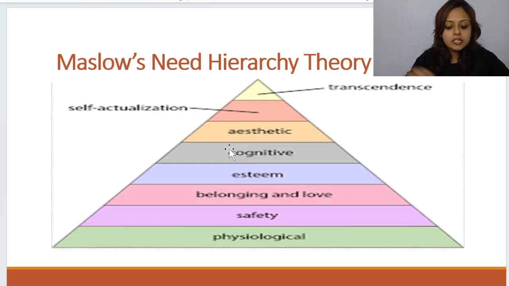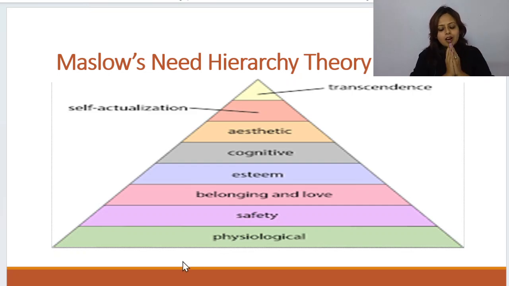Okay, so you will have a question, what is cognitive need? Cognitive need mainly refers to a need where Maslow tried to state that it is the thirst for knowledge and understanding which an individual is having.